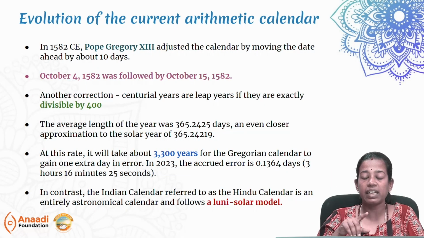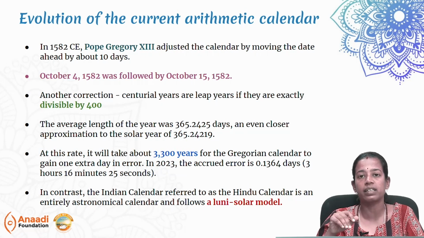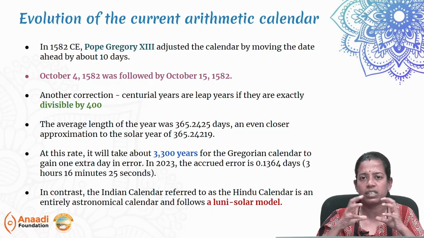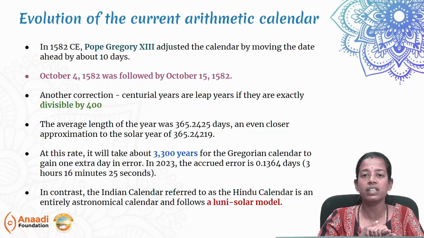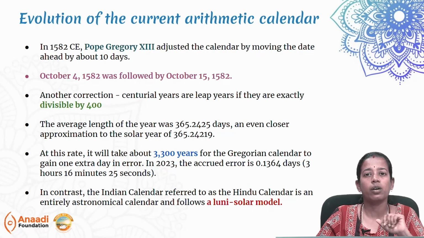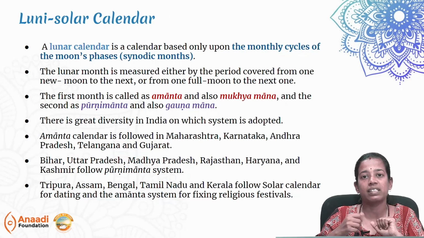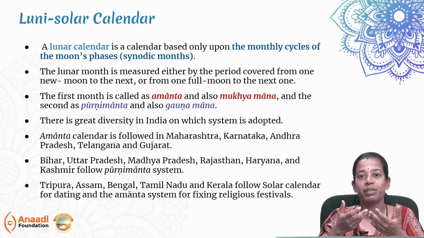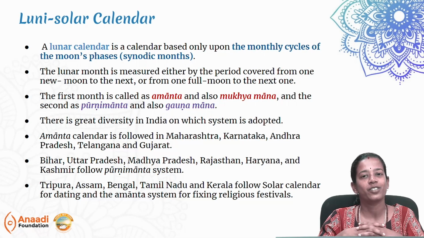The Indian calendrical system, also referred to as the Hindu calendar by earlier researchers, is entirely astronomical event driven. It's tightly coupled. It follows a lunisolar model. We will now try to understand the lunisolar calendrical system deeply. Then we will be able to appreciate its sophistication.